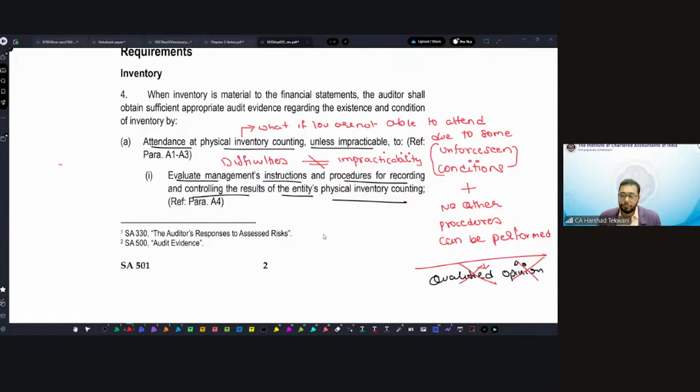Sir, then the auditor is not capable of doing that audit. He shouldn't have taken the audit in the first instance. Yes, if the time, resources and competence are not there, then he should not accept the audit.